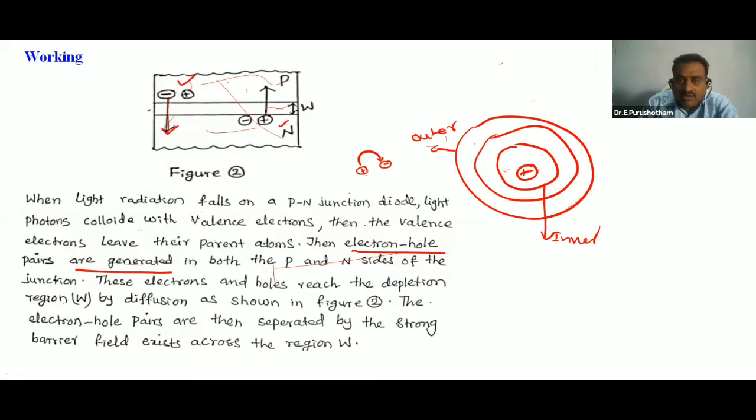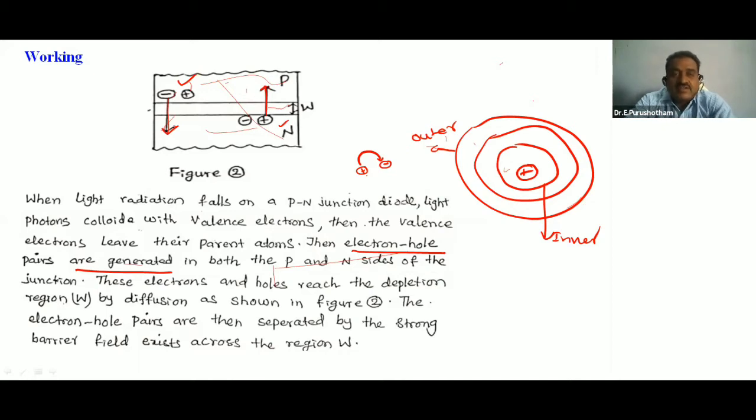Similarly, the holes diffuse from n-type to p-type. The electron-hole pairs are then separated by the strong barrier field that exists across the region W. That is the barrier voltage.